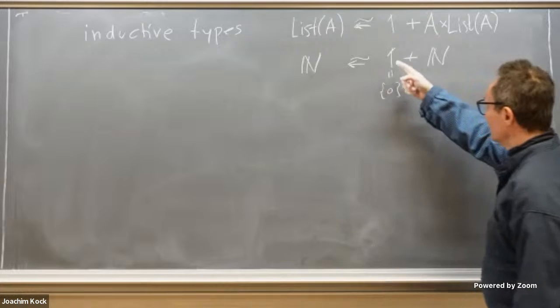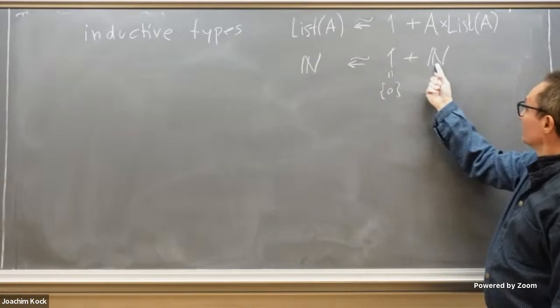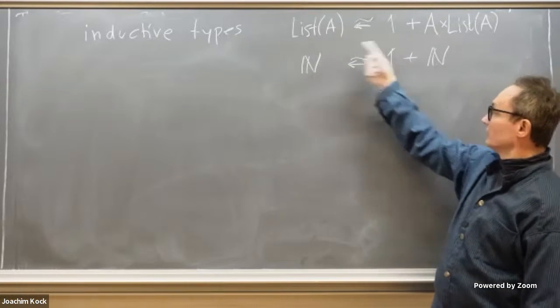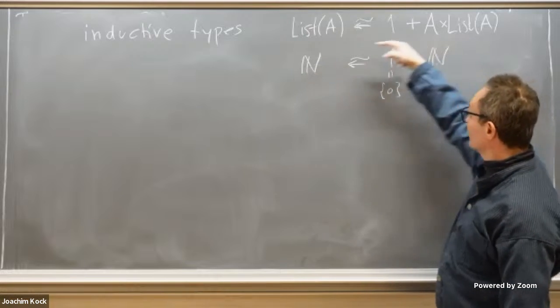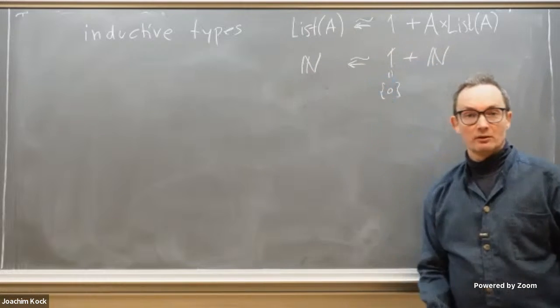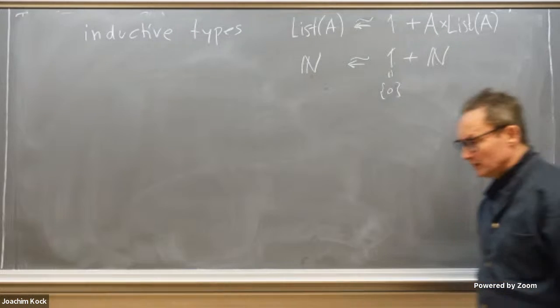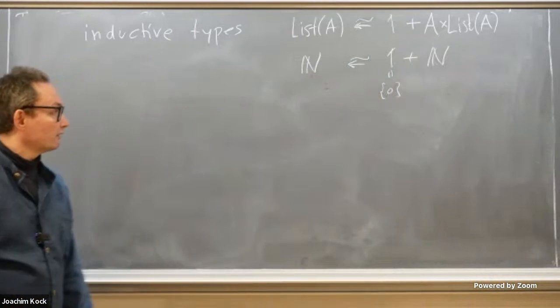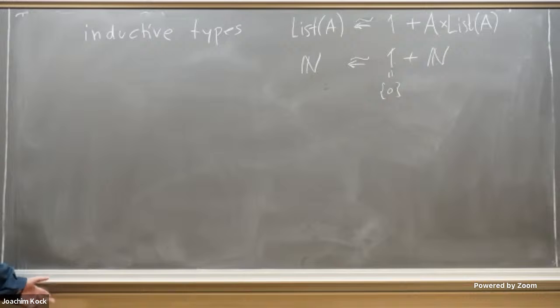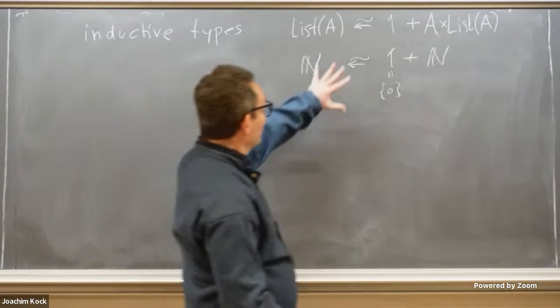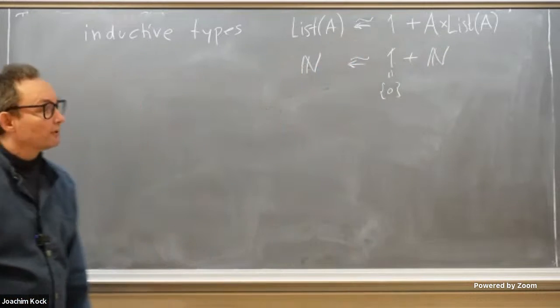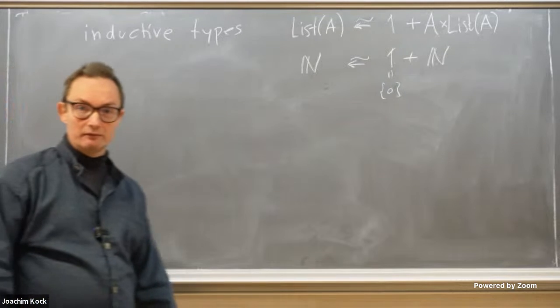This one picks out 0, and this one picks out all the others by successor. So the map from here to here is successor. This is Lawvere's reformulation of the Dedekind-Peano axioms for the natural numbers. Okay, so these are just the two simplest inductive types you can think of.